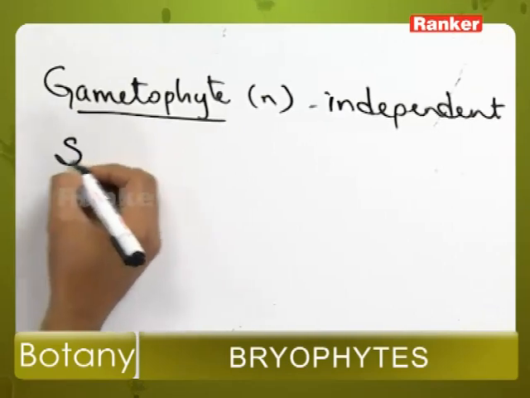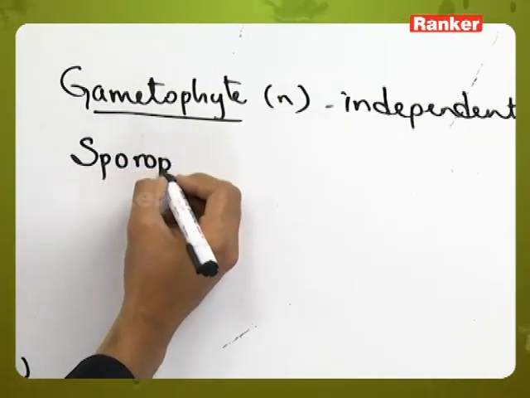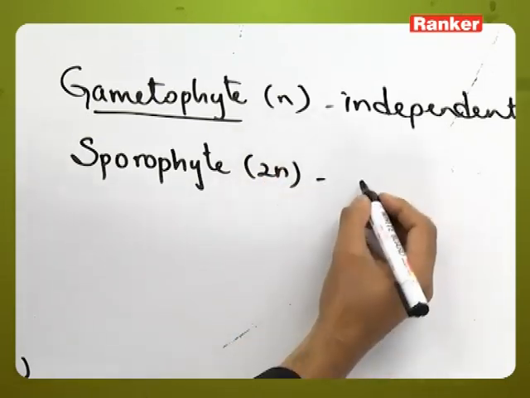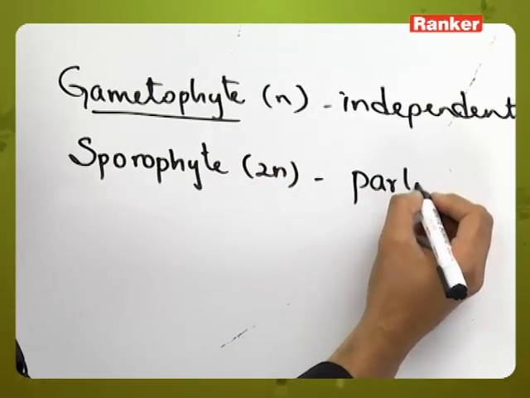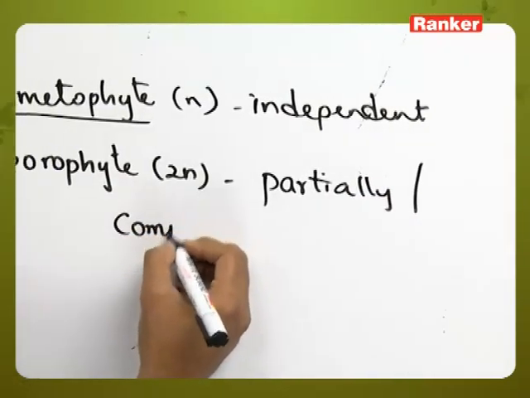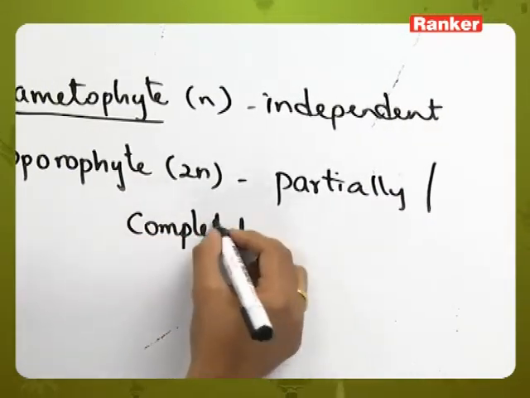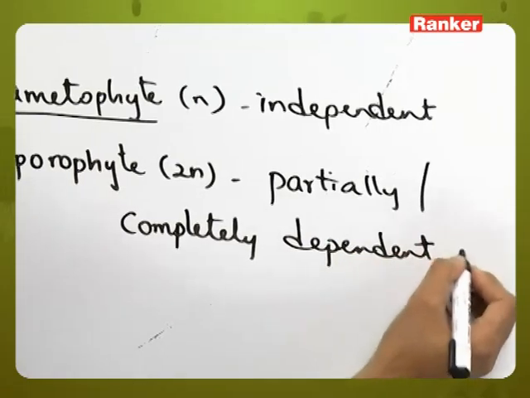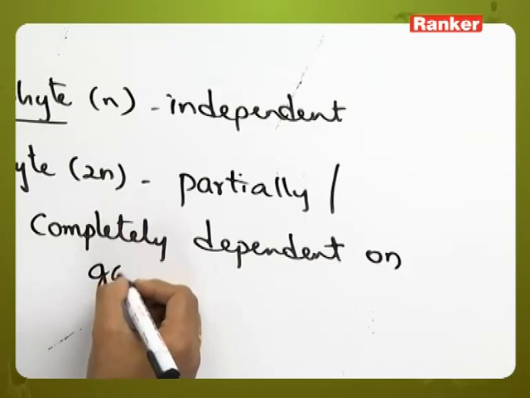whereas the second generation is called the sporophyte, which is diploid. It may be partially or completely dependent on the gametophytic generation.